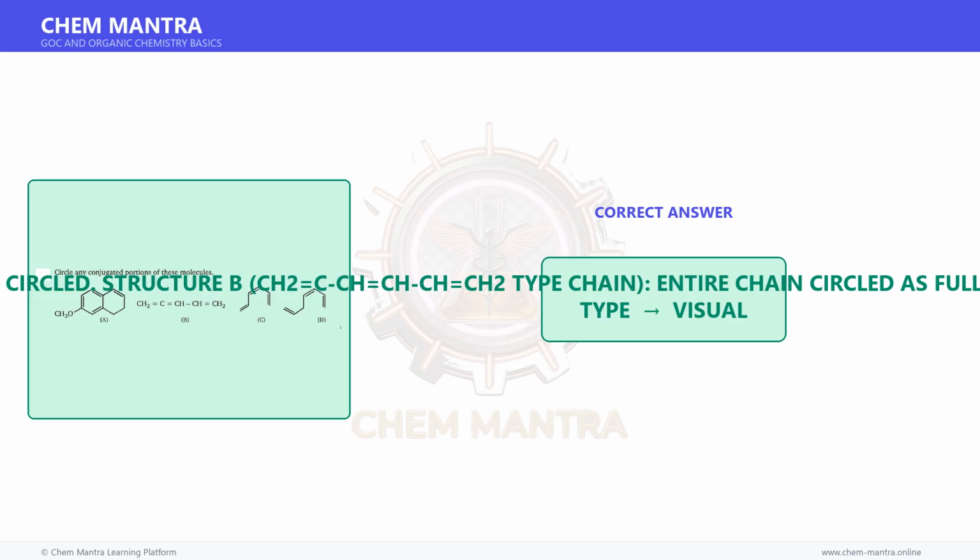Structure B, CH2=C-CH=CH, CH=CH2 type chain, entire chain circled as fully conjugated. Structures C and D, diene fragments attached to a ring, only the conjugated double bond portion circled, excluding isolated double bonds. See answer key page IDX 73, page 74, upper middle region for exact circled regions. Type: visual.